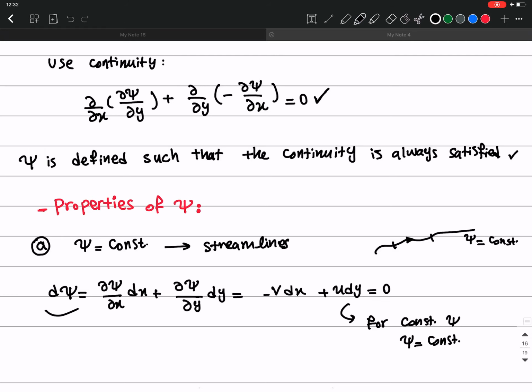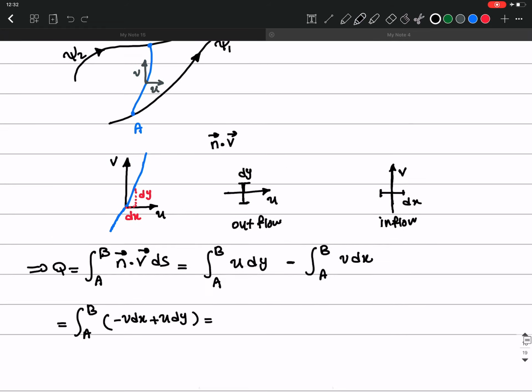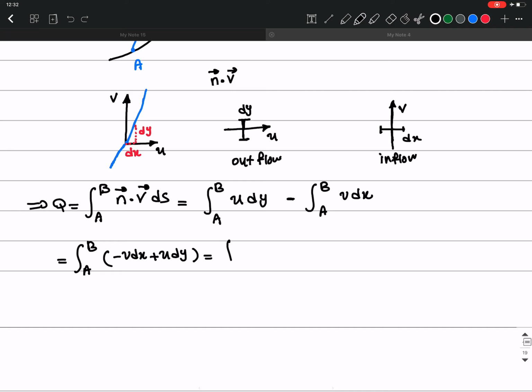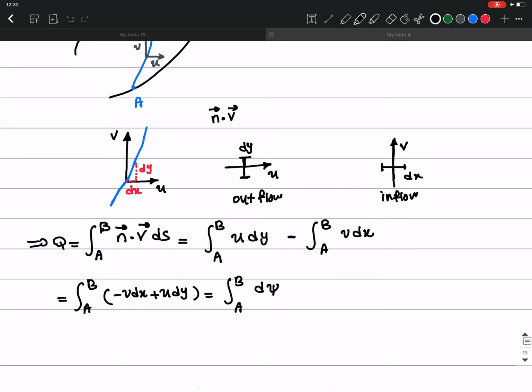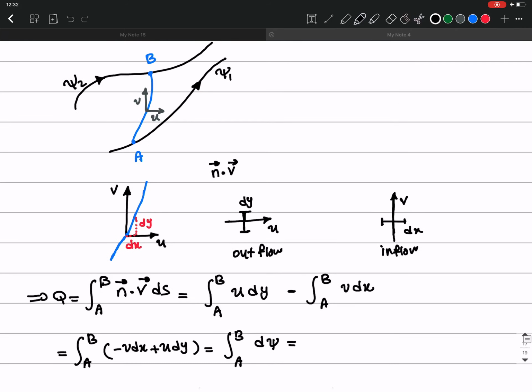It's just d psi. So it's going to be the integral from A to B of d psi, which is going to be psi at B, which is psi 2, minus psi at A, which is psi 1. So psi 2 minus psi 1. Okay?